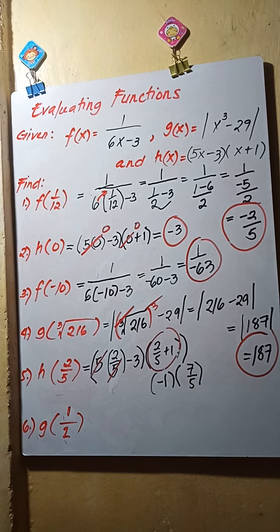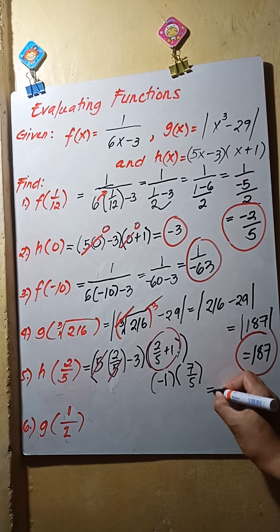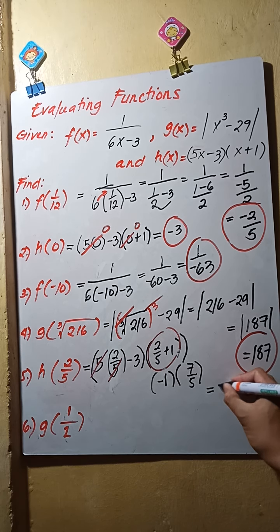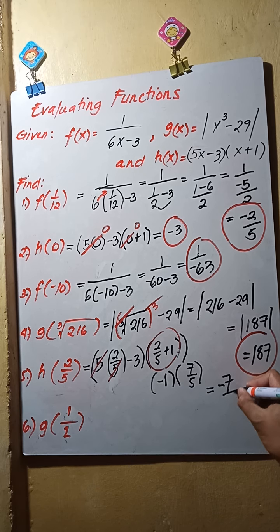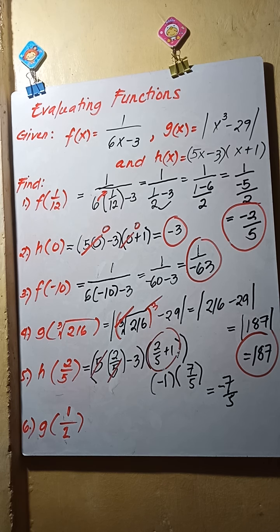And then you just multiply. Negative 1 times 7 over 5, any number multiplied by a negative is just negative. So this is equal to negative 7 over 5. That is our answer to number 5.